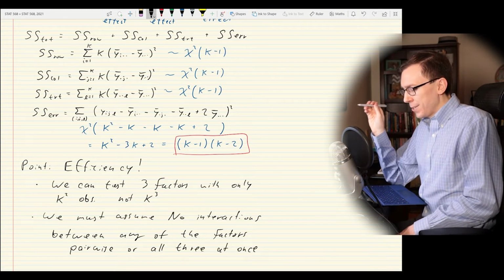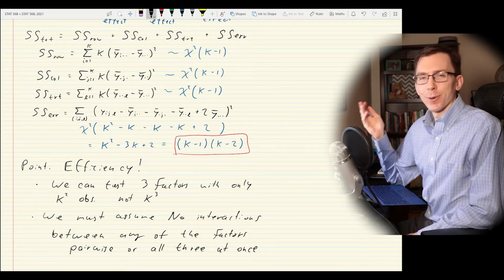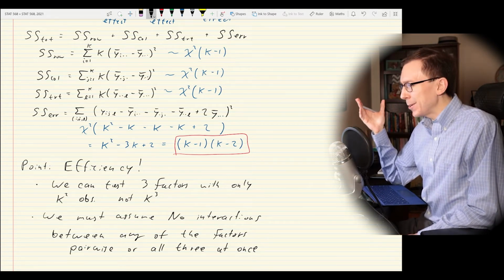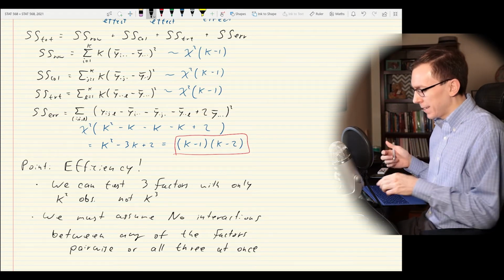So it's not just that we need no pairwise interaction and no triple interaction. Typically, higher order interactions are very rare anyway, after you've considered the lower order interactions in the main terms.